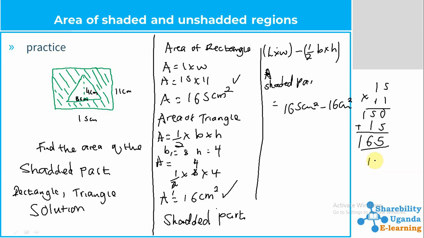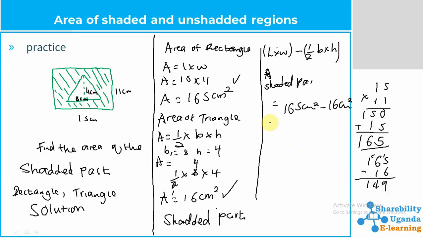Let's also subtract this: 165 minus 16. What do we get here? This is 5 minus 6, impossible, we get 1. This will remain here with, this is now 15. 15 minus 6, we get what? Okay, that is 9. This becomes 4, this becomes 1.